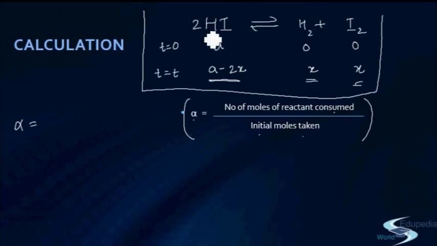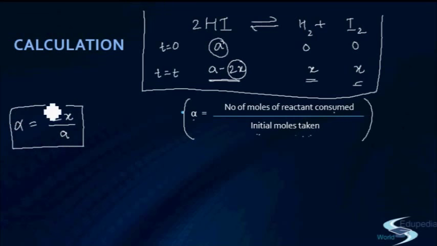How much HI has been consumed in the reaction? 2x. So alpha is going to be equal to 2x divided by initial moles taken. How much HI did I have initially? A. So 2x divided by A. This is going to be the value of the degree of dissociation with respect to HI, or with respect to my reactant, or the degree of dissociation of my reaction.